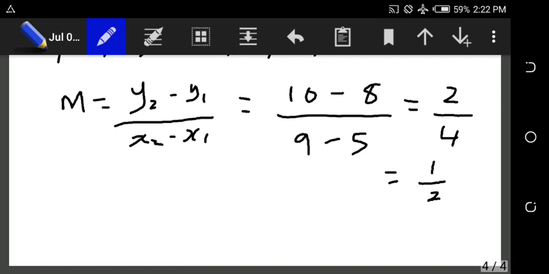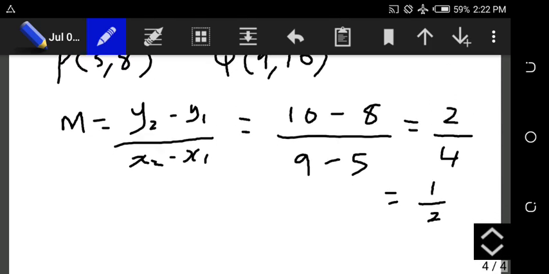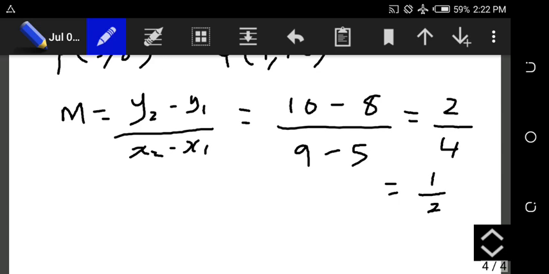We're still going to look at the interpretation of the gradients. All right, so you're seeing that how we can calculate the gradient of the line is when we have the values of the 2 pairs of coordinates. All right, so let's look at another example.